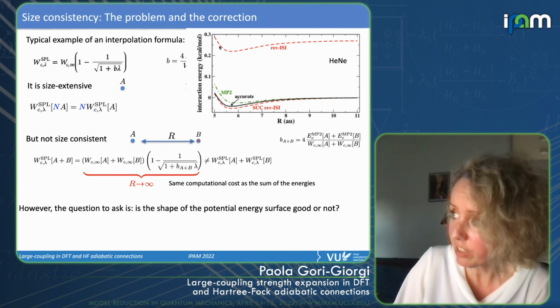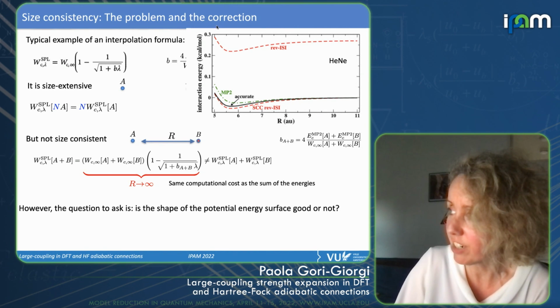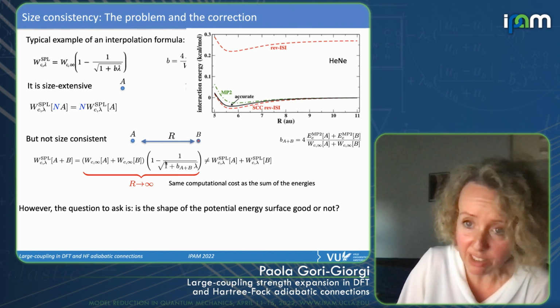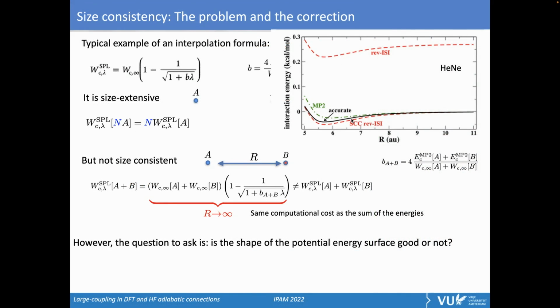If you compute your interaction energy with respect to these asymptotics, you are very far from the correct result. But if instead you compute your interaction energy with respect to this limit, which is very easy to compute, then you realize that your shape is actually quite good. So that's the whole trick, it is very simple.